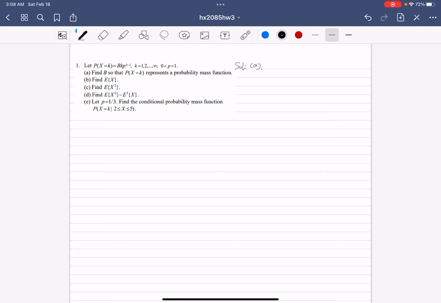To show that probability x equals k is a probability mass function, we must have the sum of probability x equals k over all possible k equal to 1.